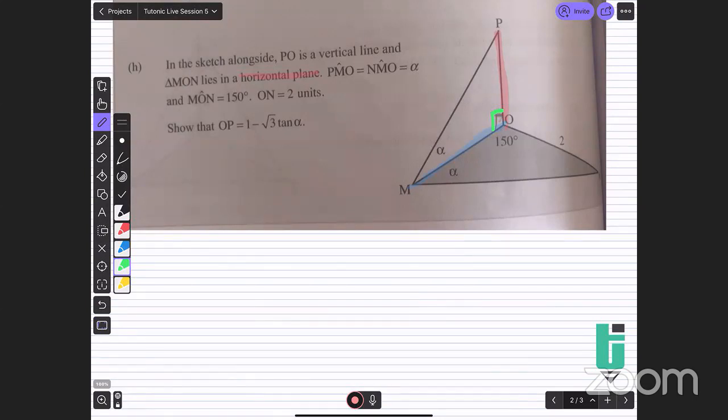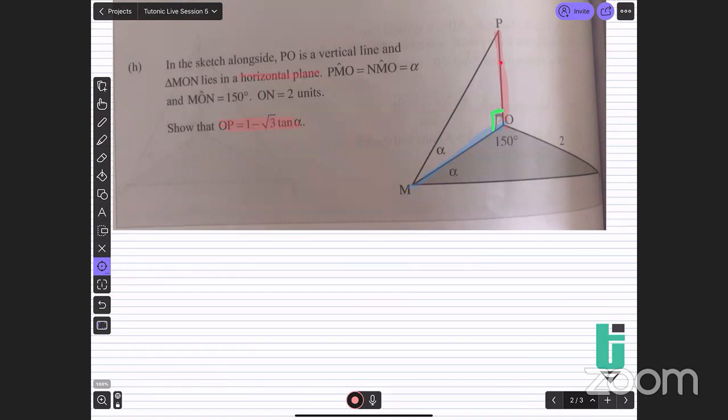Now they want you to solve for OP. Now I must ask myself, where's OP? It's here, right? So what are you guys thinking for OP? Find an expression for OP first.